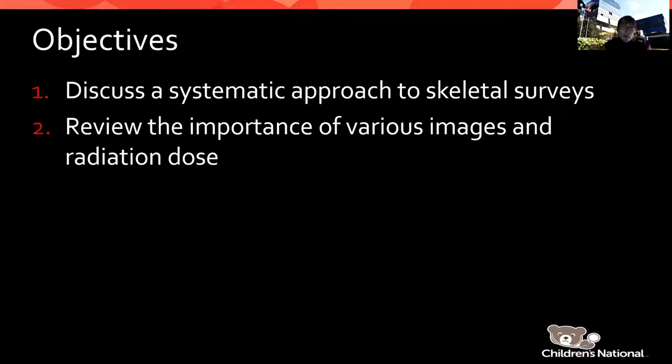So you do want to reassure your families when you're asking for a skeletal survey that although it seems like usually it's about 25 or 26 images, the amount of radiation is less than a year of background radiation, just kind of living in DC.